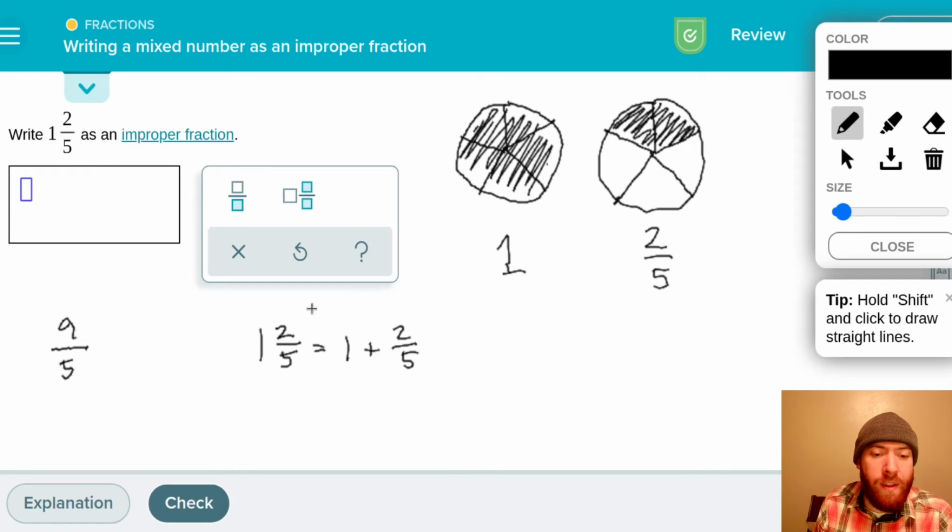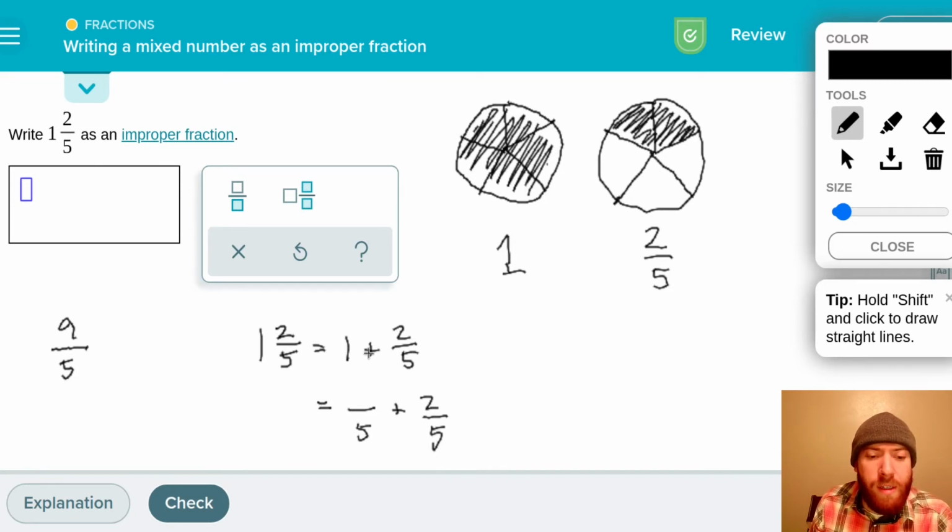So this is how I think we should start to write it as an improper fraction. We should start by giving these two numbers, the 1 and the 2/5, a common denominator, and that's going to be 5. Okay, so we're going to have something divided by 5 plus 2 divided by 5.